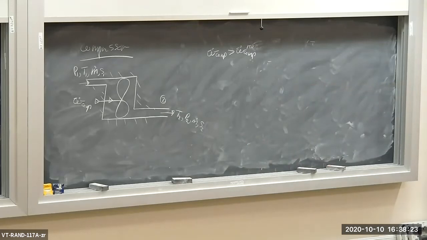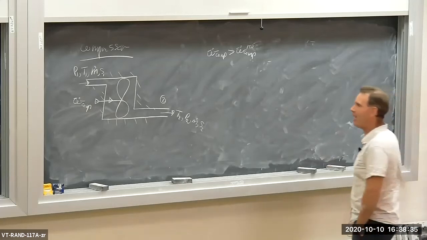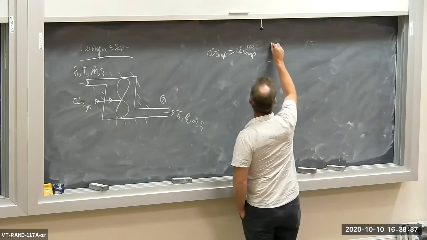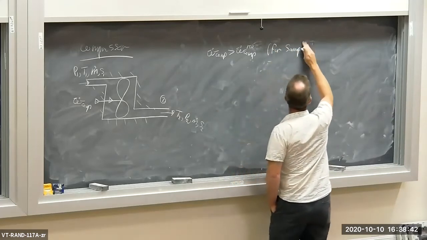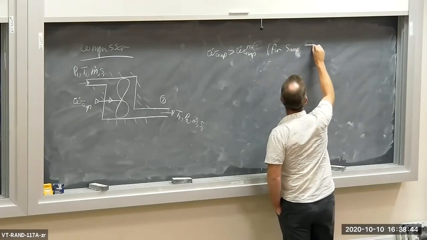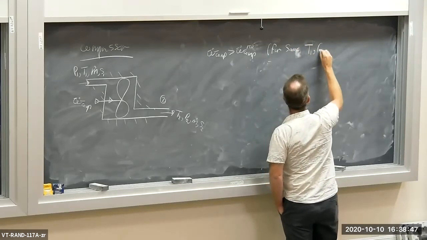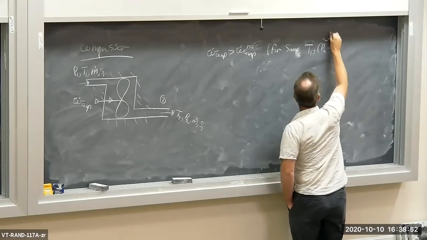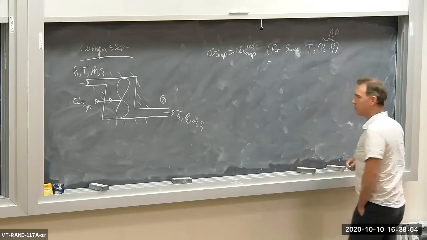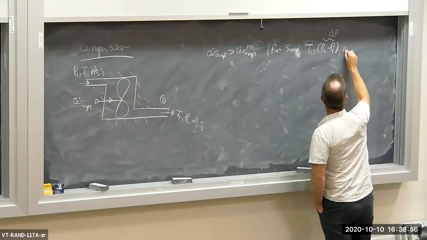So the actual compressor, which has all sorts of irreversibilities, friction, unrestrained expansion, who knows what else is going on in there, will always consume more power to get to the same pressure for the same T1, P2 minus P1, or if you like, delta P, and for the same m dot.